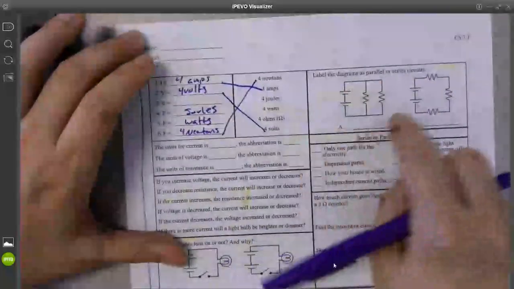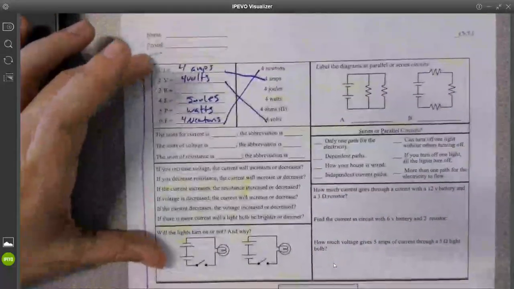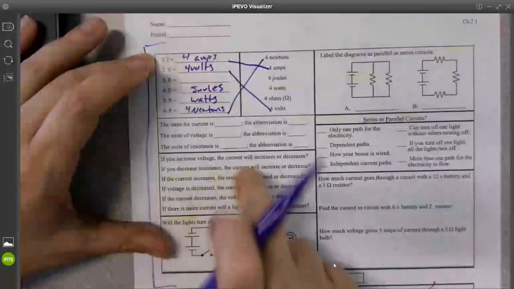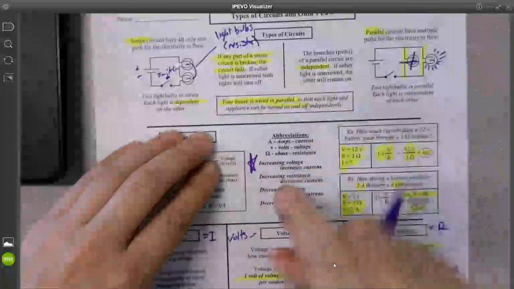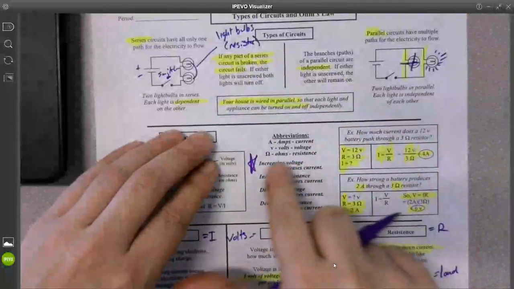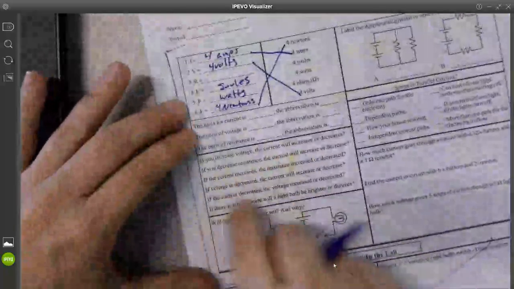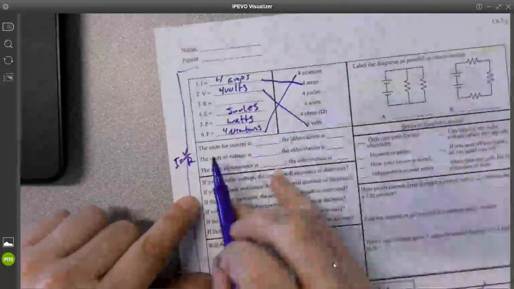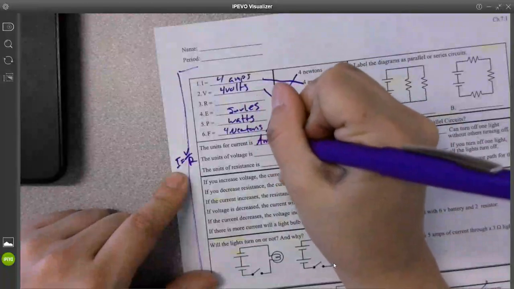This square right here, which one's series, which one's parallel? Right here, this is talking about your relationship. Relationship questions can all be found right here. I guarantee you all 4 of these right here can help answer these questions. This is looking at your equation, I equals V over R. So the units for current is amps.